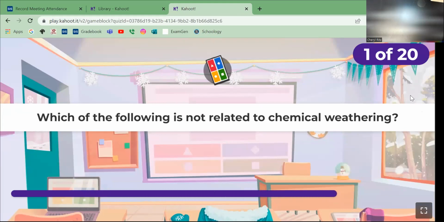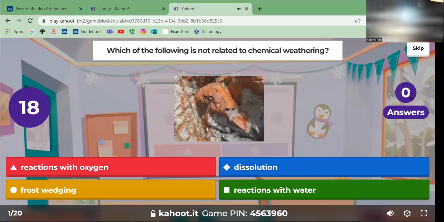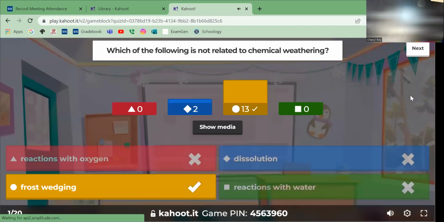This one I want you to do through process of elimination. Which one is not related to chemical weathering? One of them is not chemical weathering for sure. Yeah, so dissolution, I understand why you picked that one because we did not talk about it. However, frost wedging is absolutely not chemical weathering, that's physical weathering.